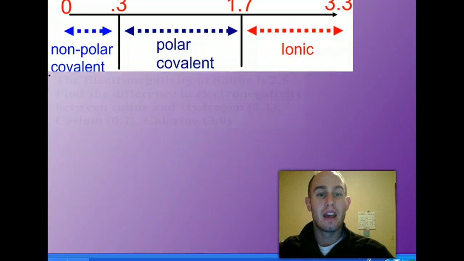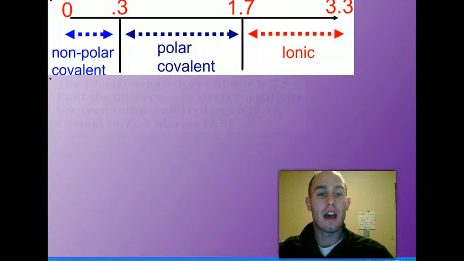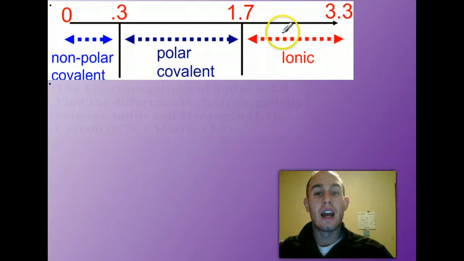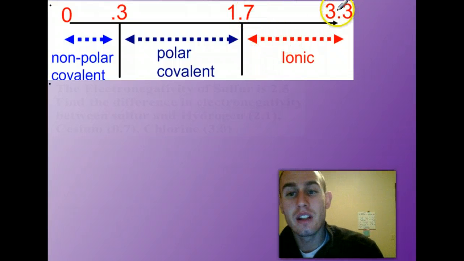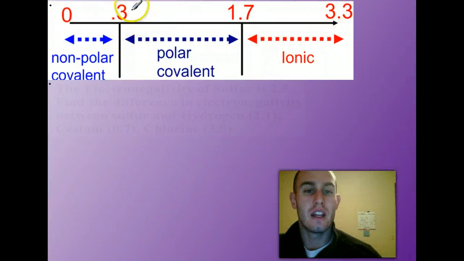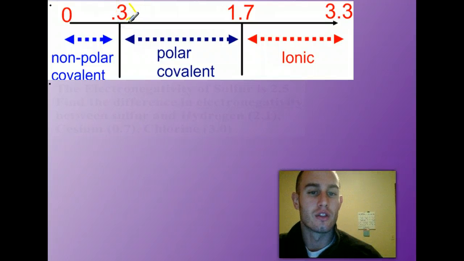And as far as ionic, that is 1.7 to 3.3. So if it's 1.7, it's polar covalent. If it's 0.3, it's going to be nonpolar covalent.